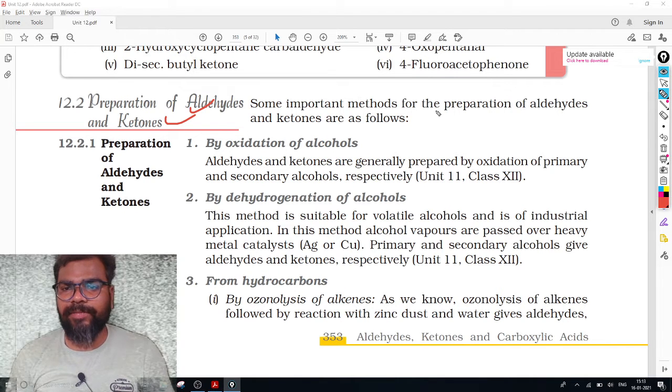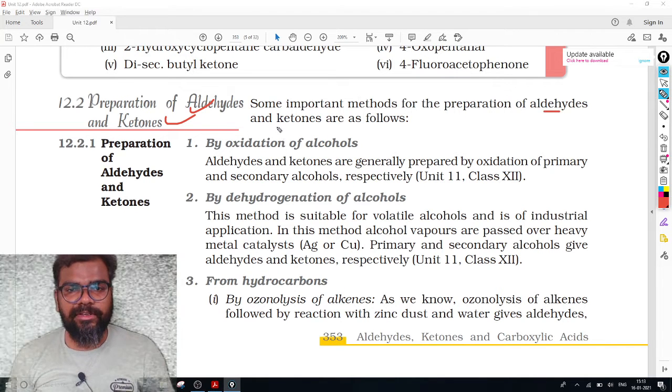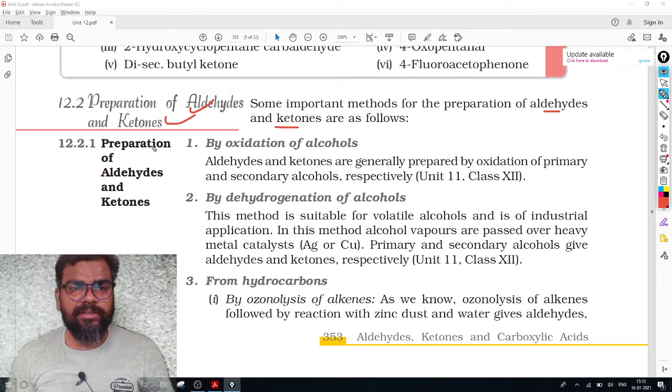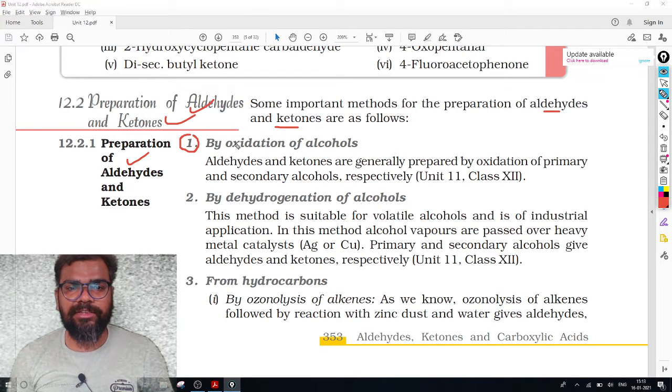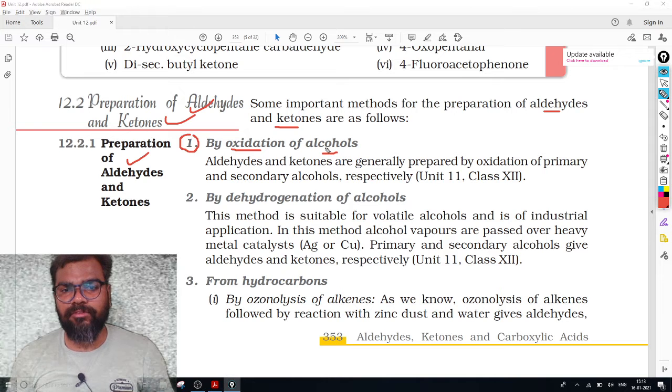Some of the important methods for the preparation of aldehydes and ketones are as follows. Let us see them one by one. The first method is by oxidation of alcohols.